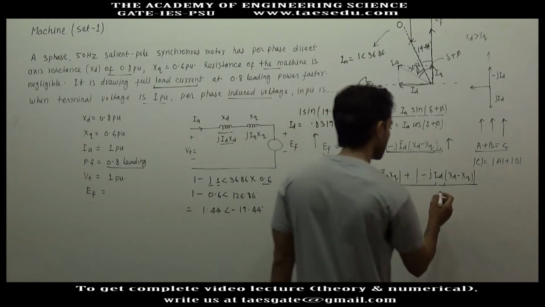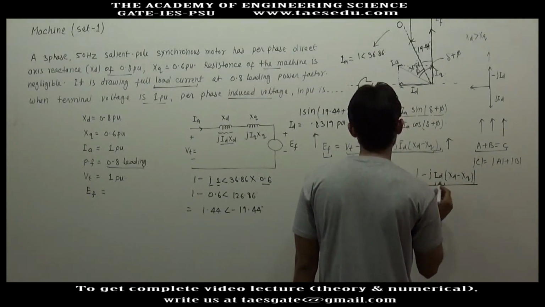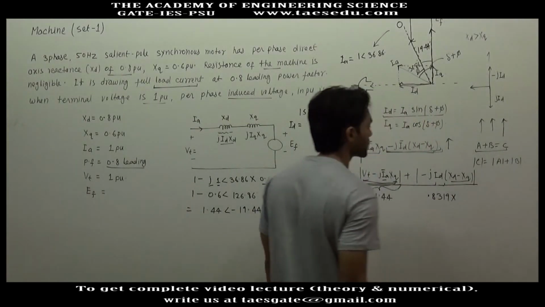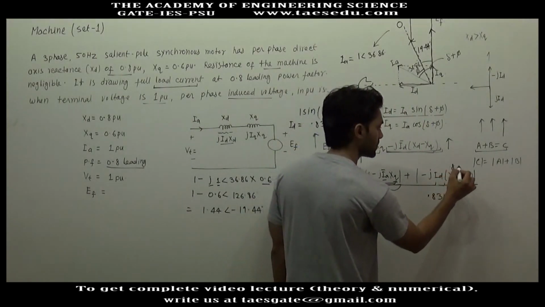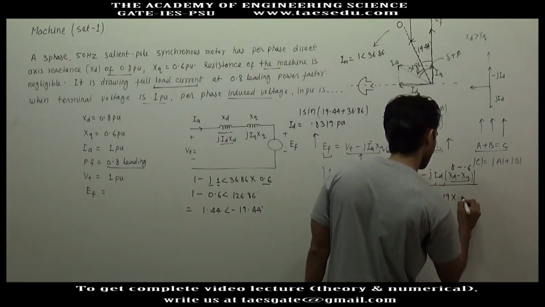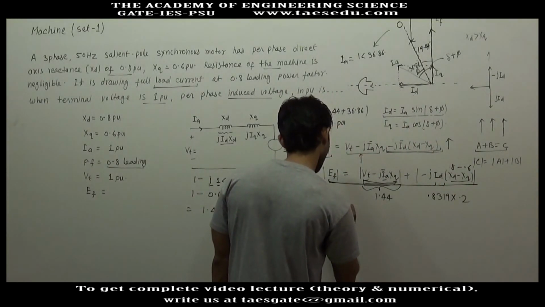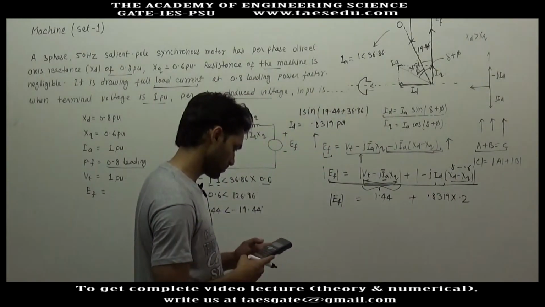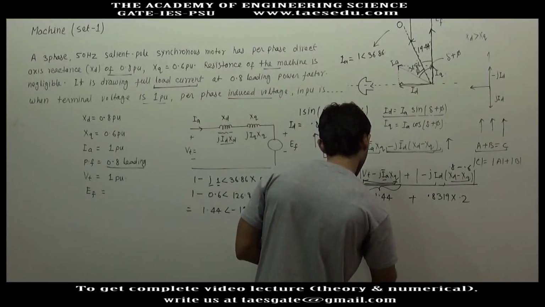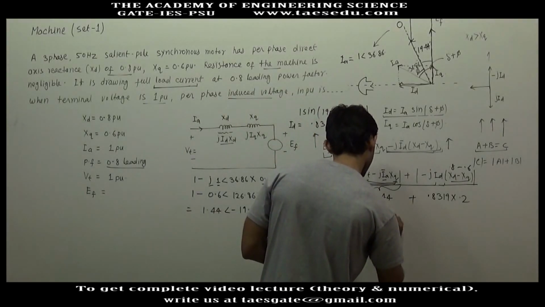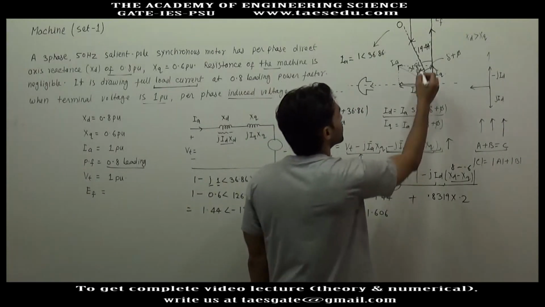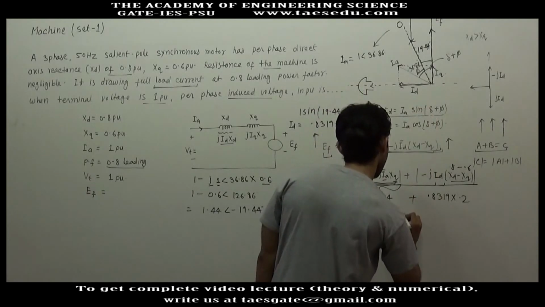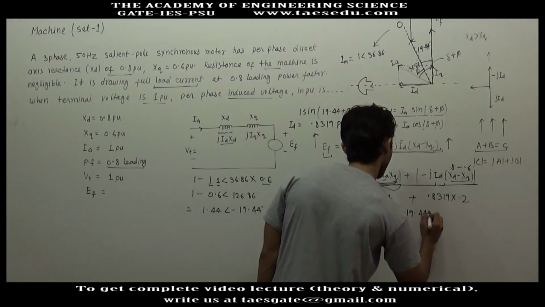Okay, so the magnitude of this quantity will be 0.8319 into Xd minus Xq, Xd is 0.8 and this is 0.6, so this is 0.2. So the modulus of EF will be 1.44 plus this quantity. This will give you 1.606, and angle is already 19.44. Since it is in clockwise direction to the reference, this will be minus 19.44 degree.